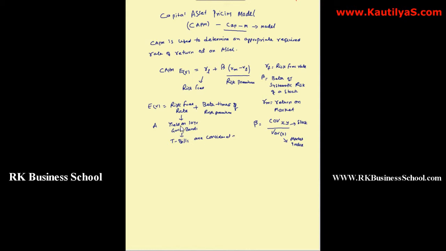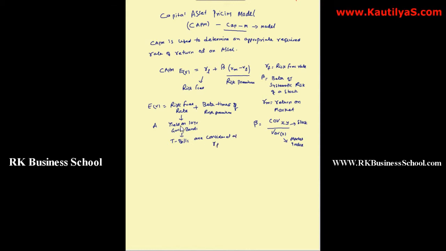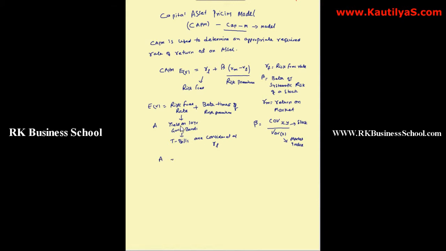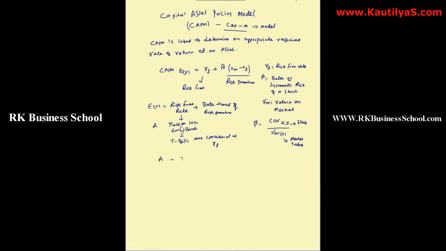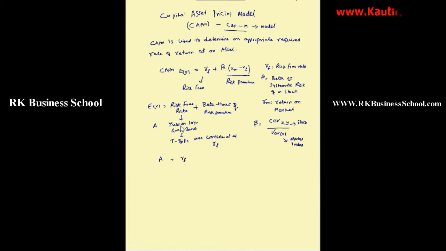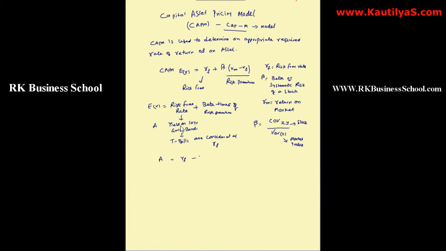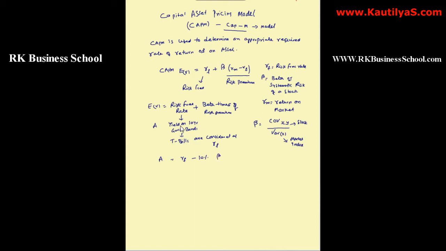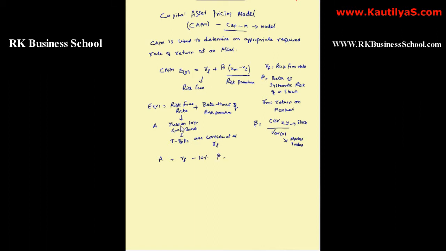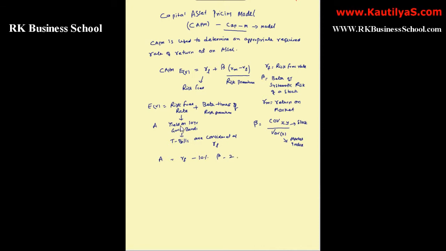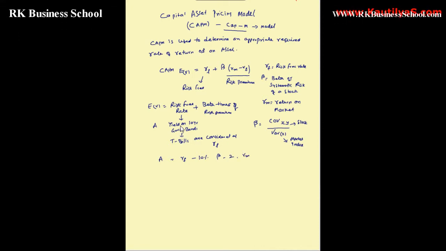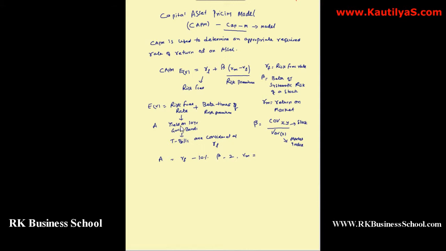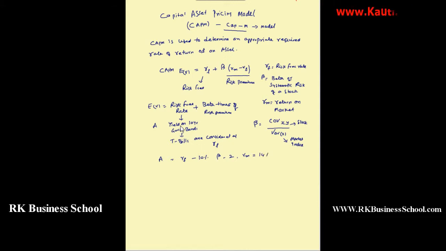So we have a stock A which has a risk-free rate of 10% and its beta is 2, and during the period return on the market is 14%.